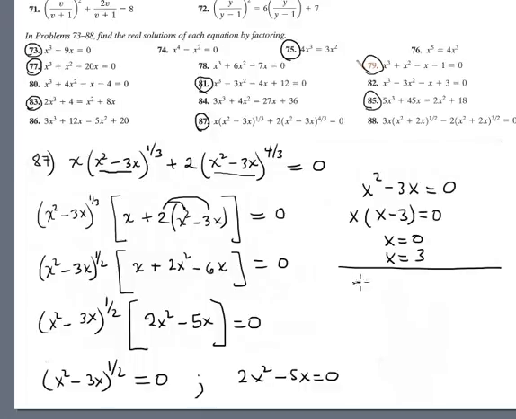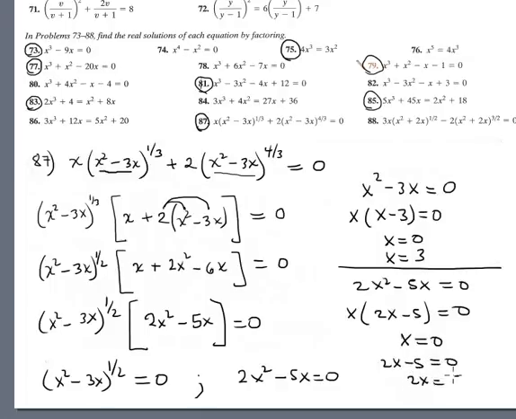And this equation is 2x squared minus 5x. It's similar. x is a common factor, 2x minus 5 equals 0. Again, we have 0 as a solution, and 2x minus 5 equals 0, 2x equals 5, divided by 2, x is equal to 5 over 2.